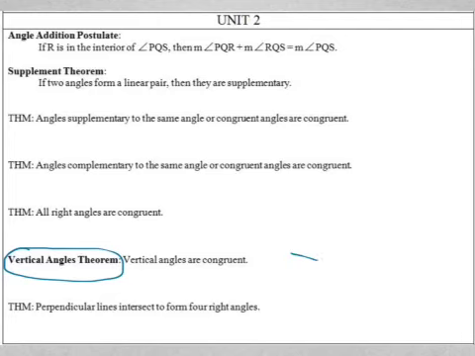Even though this seems like a pretty basic fact, where if we have angles on opposite sides of intersecting lines, then they're congruent, there are facts more basic than that that can be used to prove it. Specifically, the fact that those 2 are supplementary and those 2 are supplementary. But we can get into that later. So we've got postulates and theorems. Now let's get into actually using them.